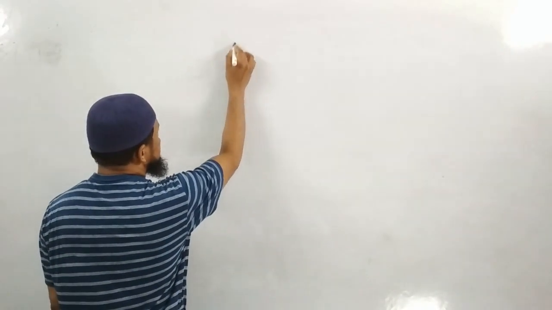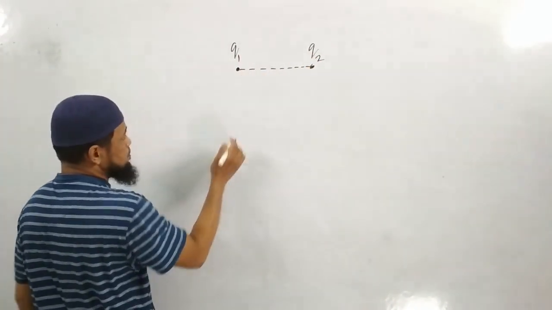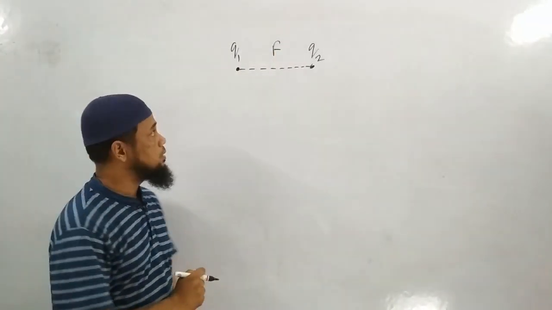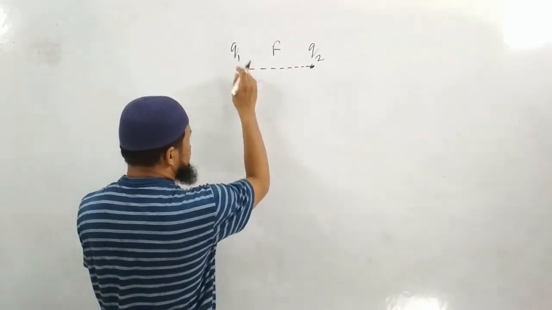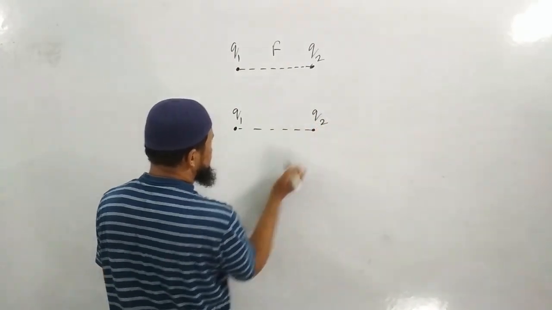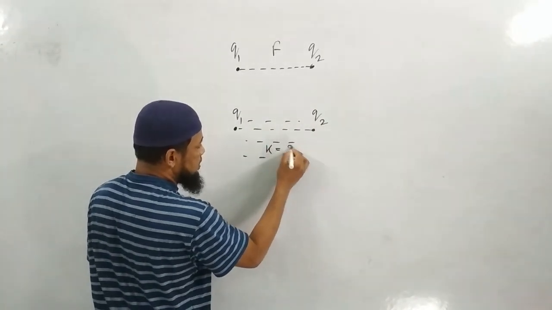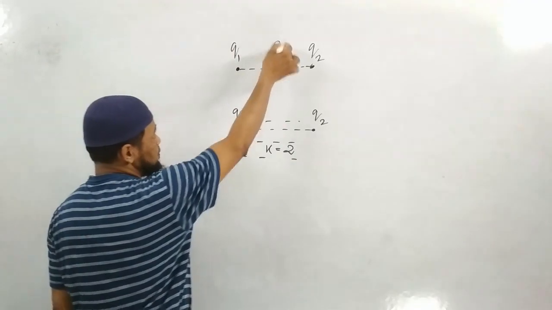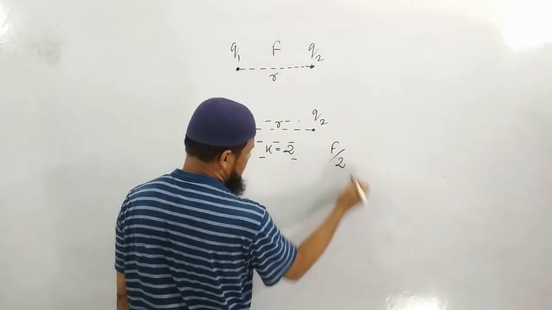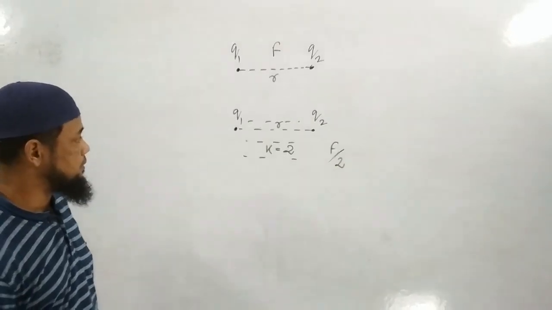Another point: suppose one charge is Q1 and another charge is Q2, and the force between them is F. If we put a medium here having dielectric constant 2, what was the force between them before? F. Now the force between the two charges for the same separation will become F by 2. Clear? This is the effect of dielectric constant. Note it.